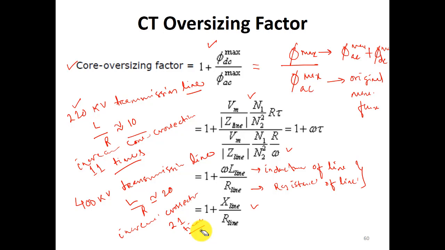Then the relay should be designed in such a way that it takes a faster decision, in order to avoid the effect of saturation on the relay decision. Okay, so this is your CT oversizing factor.